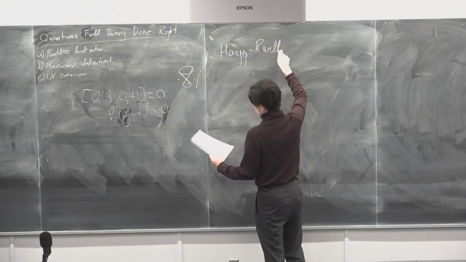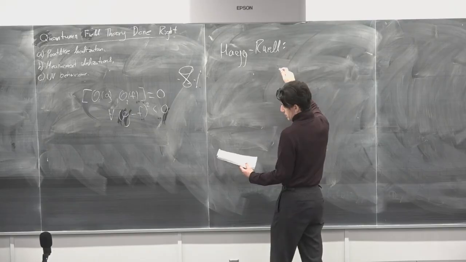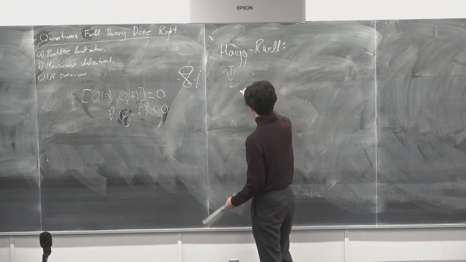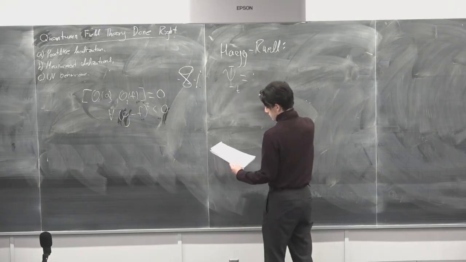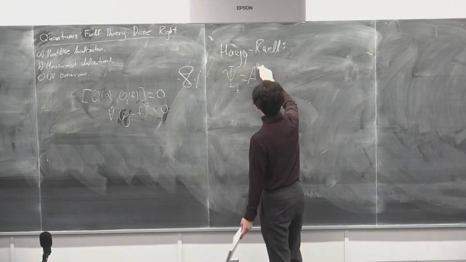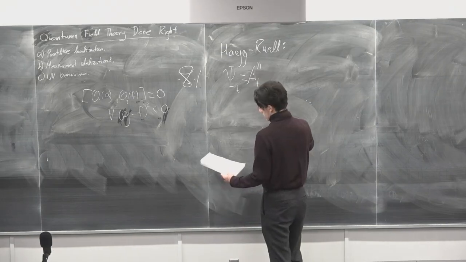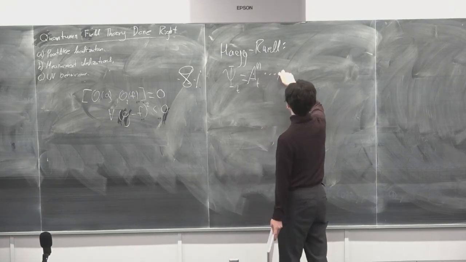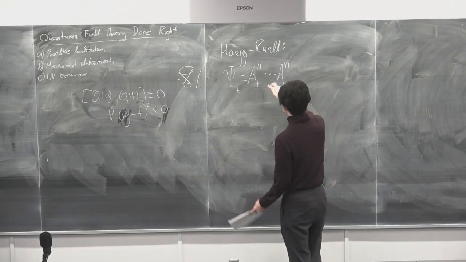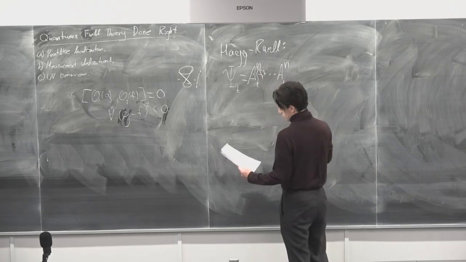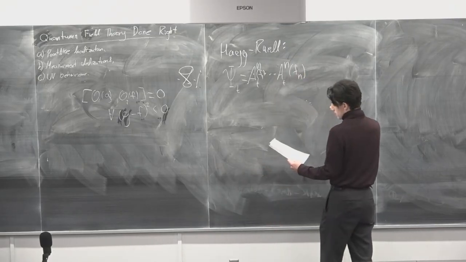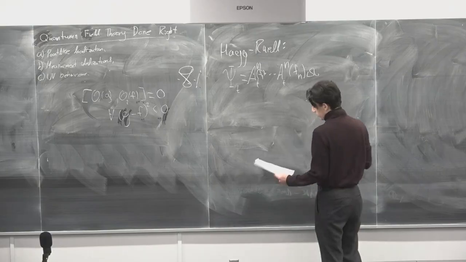The Haag-Ruelle structure is given by a creation operator defined for a time t, applied to your vacuum.